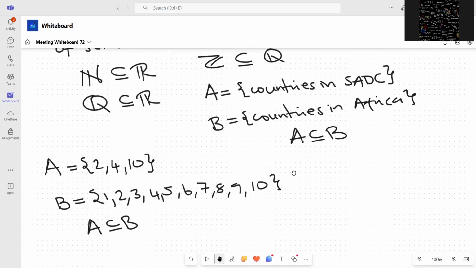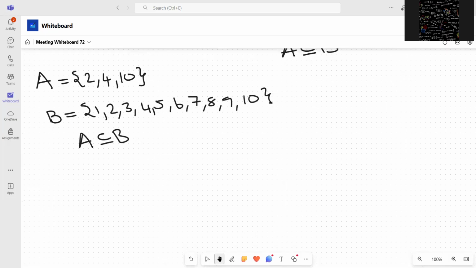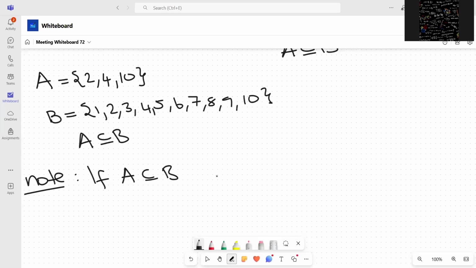Okay, now something to take note of with this subset. So take note that if we have A is a subset of B, and likewise B is a subset of A, then A is equal to B. Now, this is actually the formal definition or the mathematical definition of equality of sets.